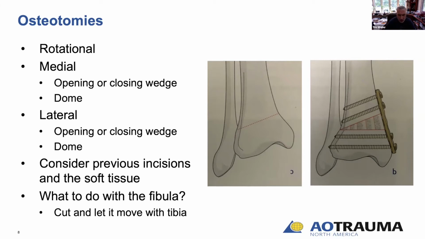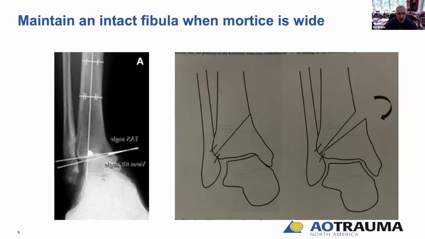Typically, with anything with a 10-degree deformity or more, we're oftentimes going to be cutting the fibula and allowing it to essentially float or move with that distal tibia fragment. The one exception to that is a varus alignment with a widened ankle mortise.